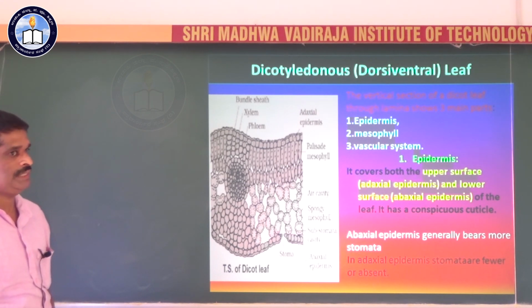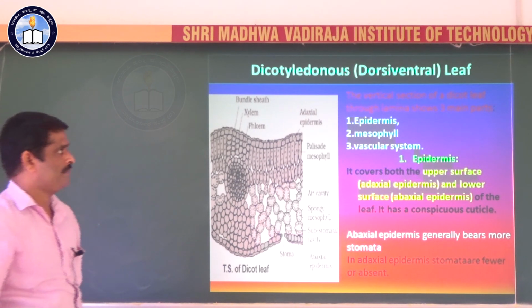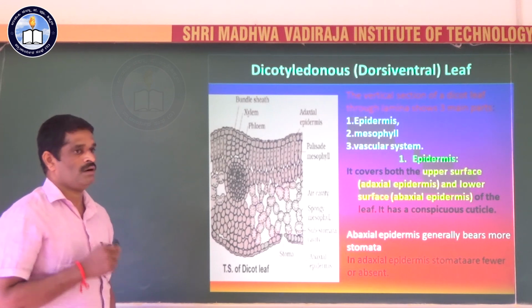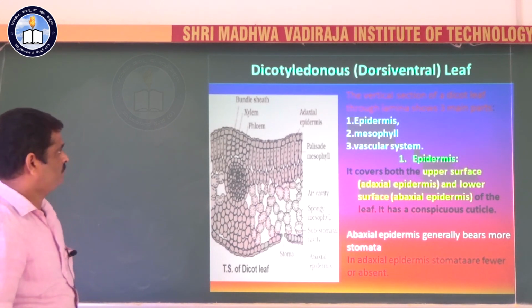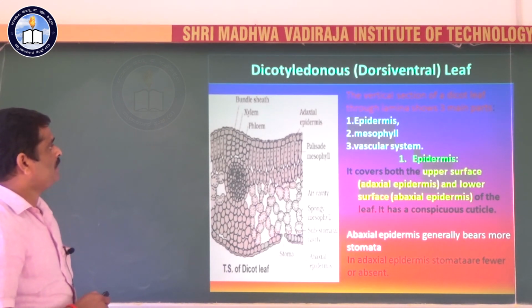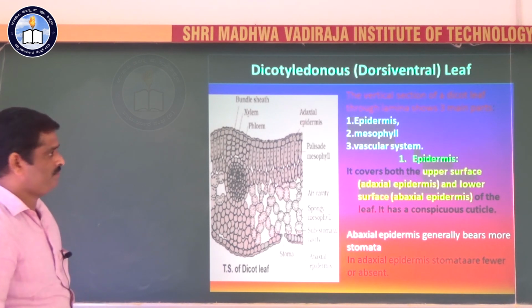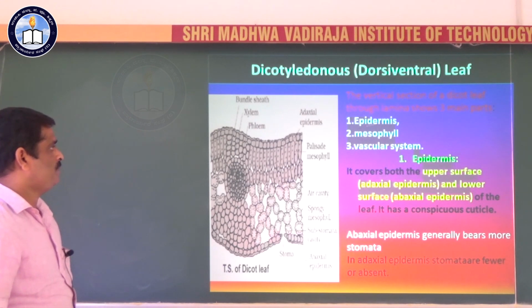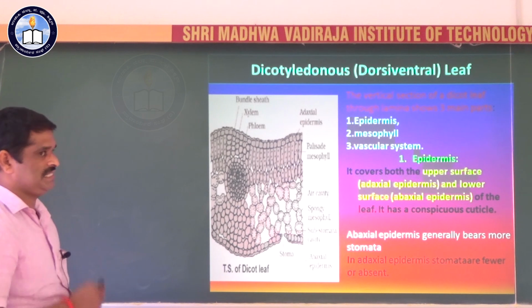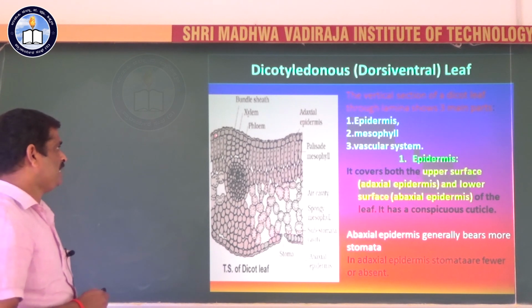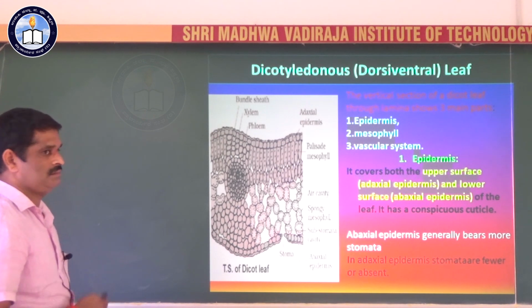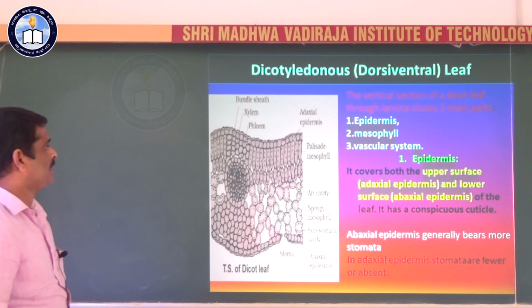Hence, there is tissue differentiation, and the mesophyll is differentiated into two types in the case of the dicot leaf. If you see the anatomical details of the dicotyledon leaf, it shows the epidermis, the mesophyll and the vascular system. The epidermis is single layered, made up of compactly arranged parenchyma cells.